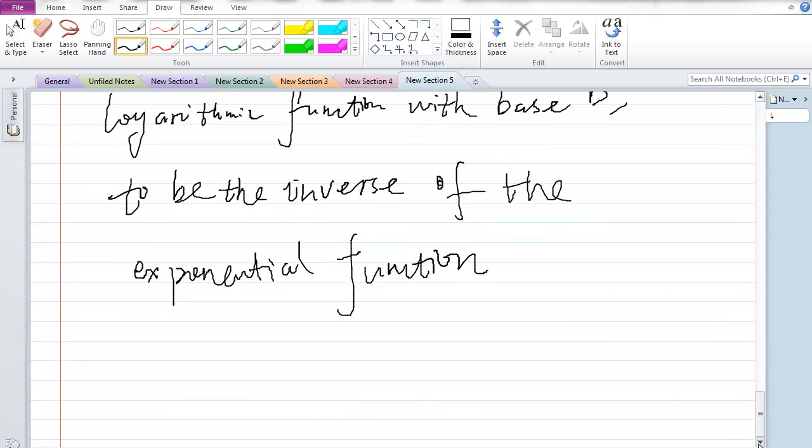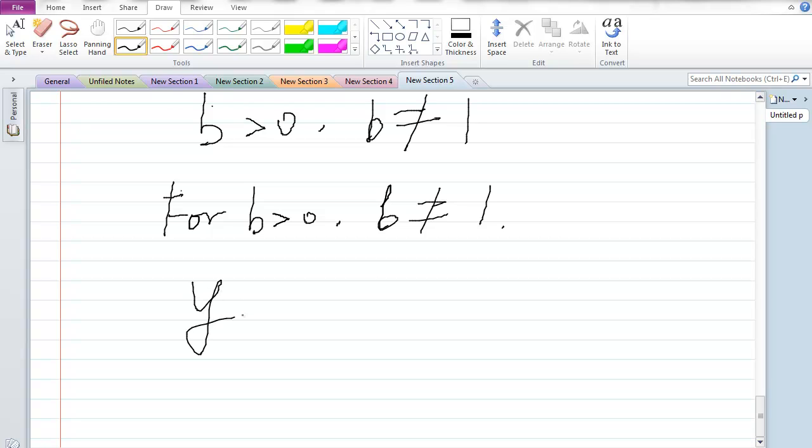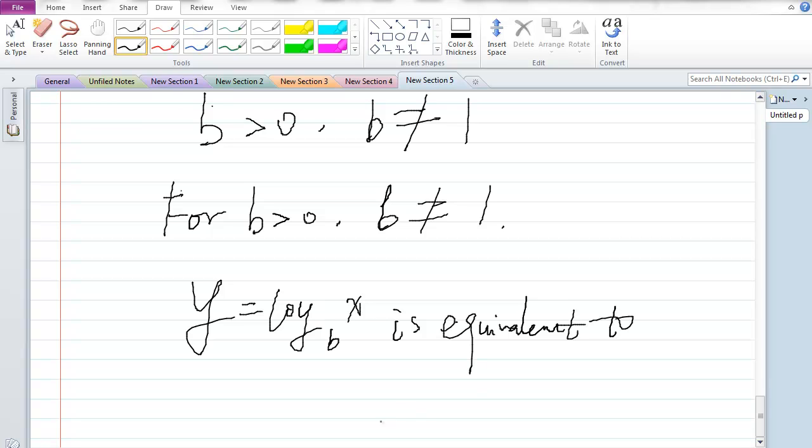The condition is that b should be larger than 0 but never equal to 1. So for b larger than 0 but not equal to 1, we get y equals log b x, which is equivalent to x equals b to the y's power.